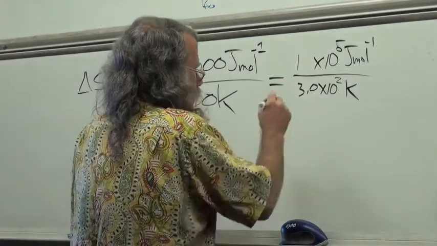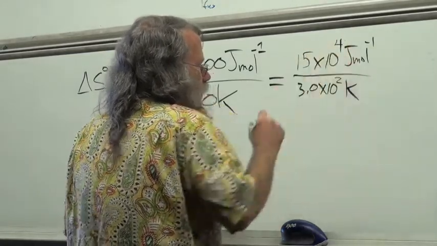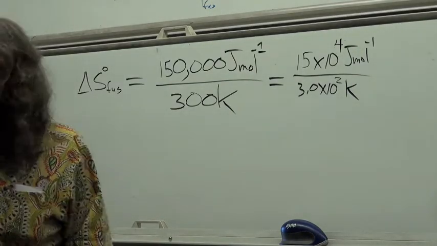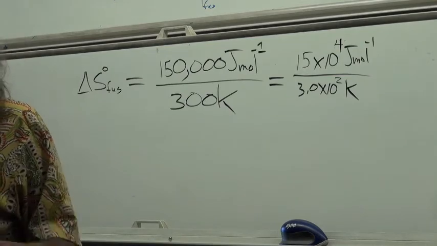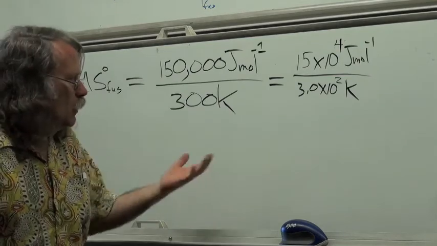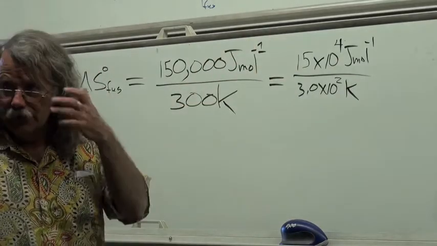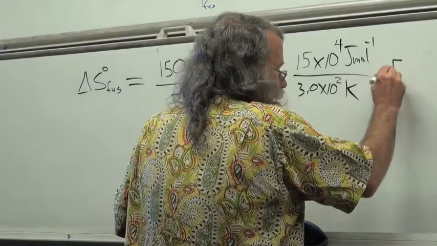The whole reason for scientific notation is it casts things in an easily soluble form so that we can handle it. Now, all I need to know is I need to be able to divide 15 by 3, which is equal to what? 5.